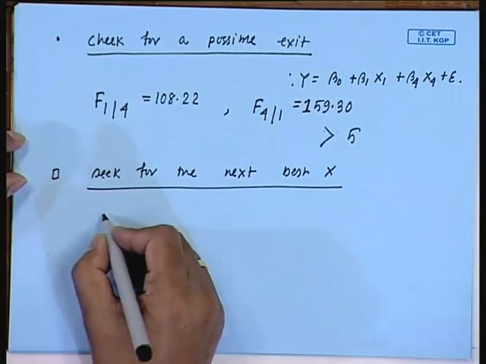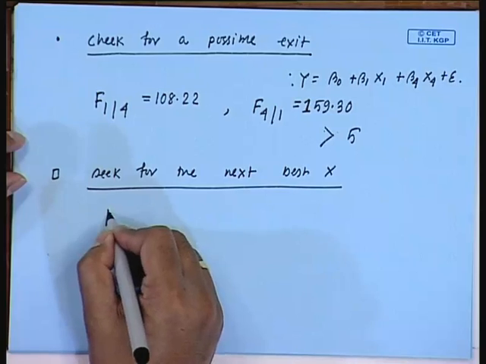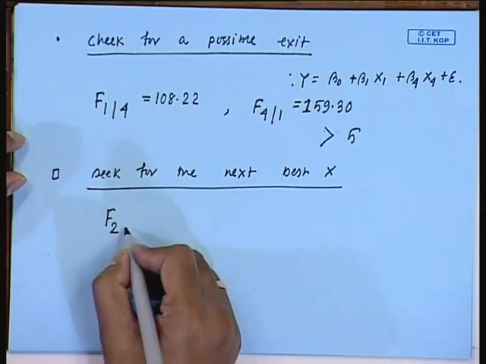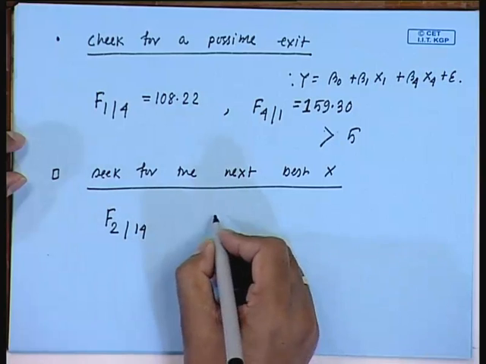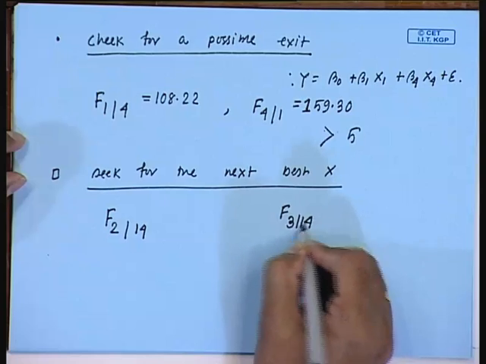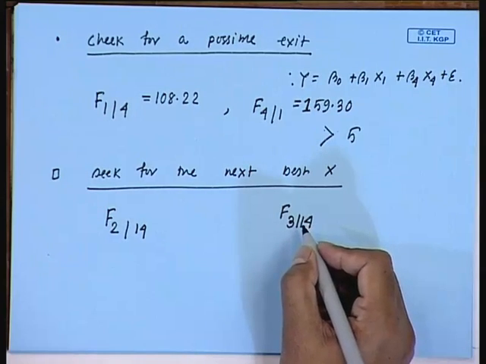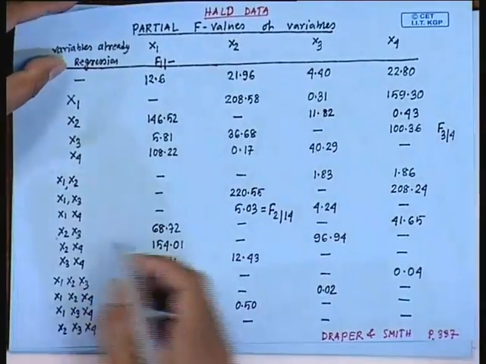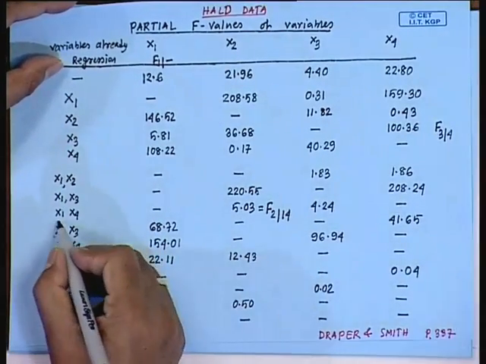Now, we check the partial F statistics value whether x2 can be included in this model. So, F2 given 1 4 and we also check F3 given 1 4. Okay. So, here is my table. So, 1 4 is already there in the model.